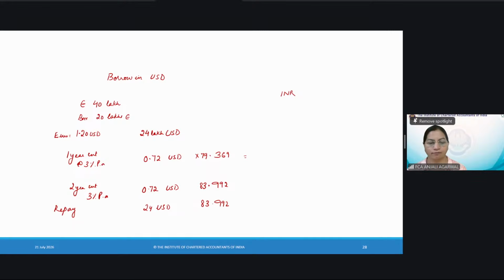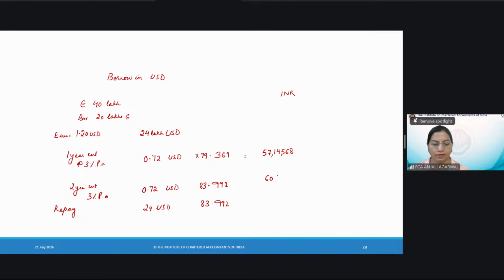So total outflow because of the borrowings will be 0.72 lakhs multiplied by 79.369, 57 lakh 14,568, and 83.992 multiplied by 0.72 lakhs.